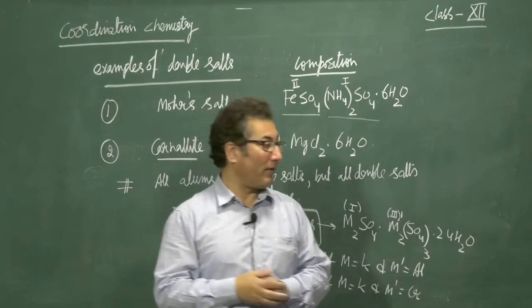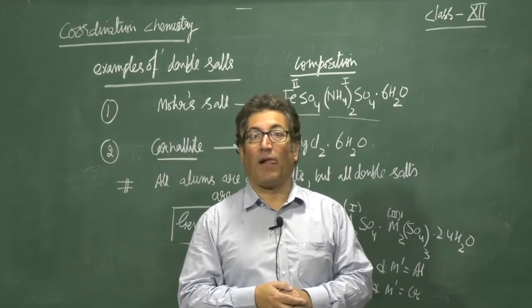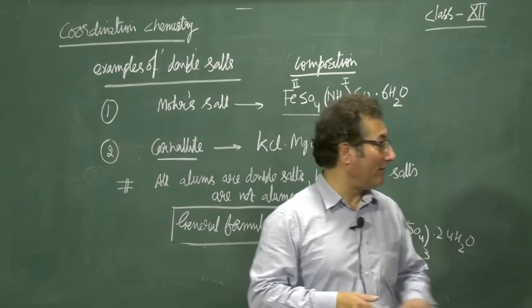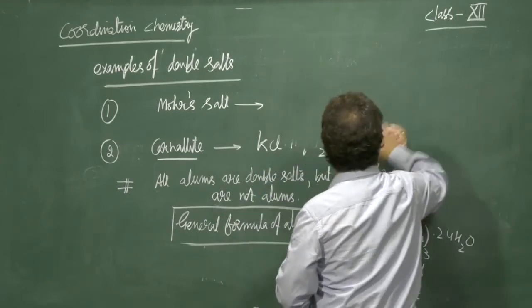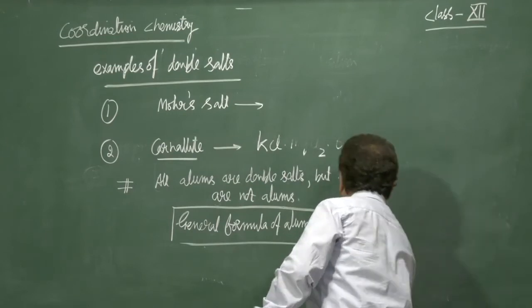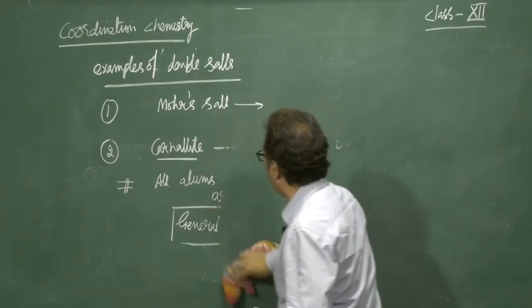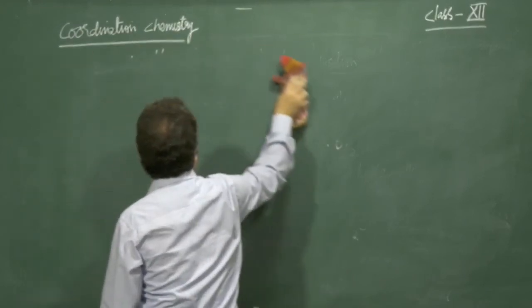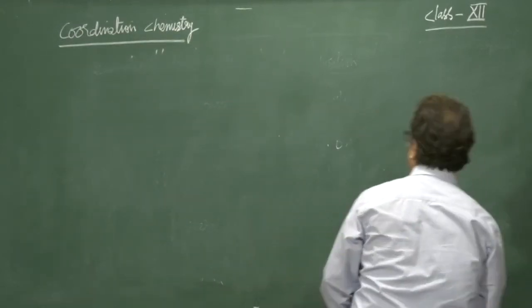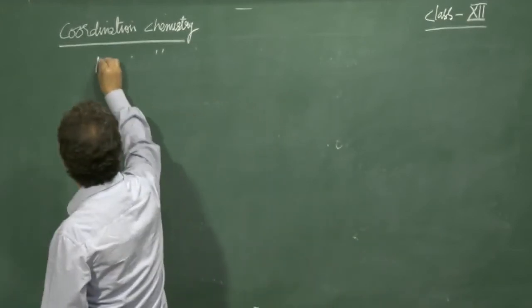Our next topic will be the modern terminologies that you use in coordination compounds. Today I'll give you an idea of all those terminologies, and then we'll take each one of them individually.